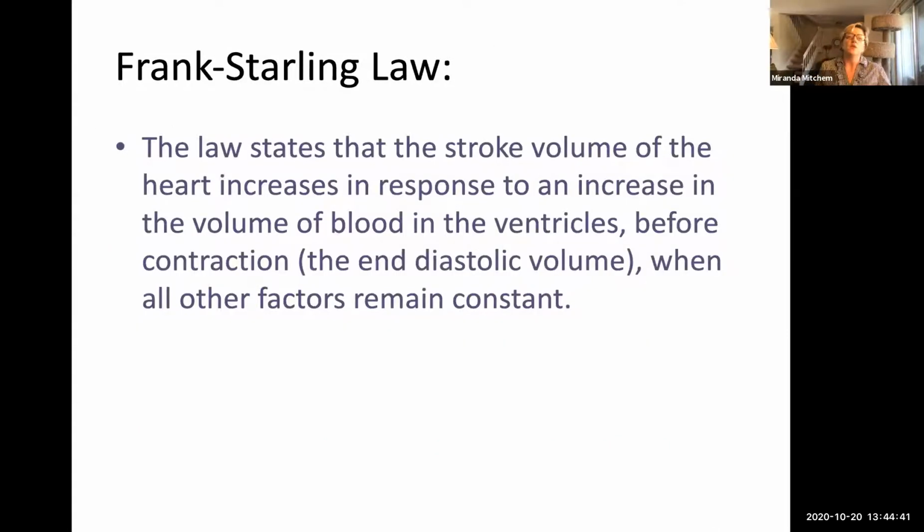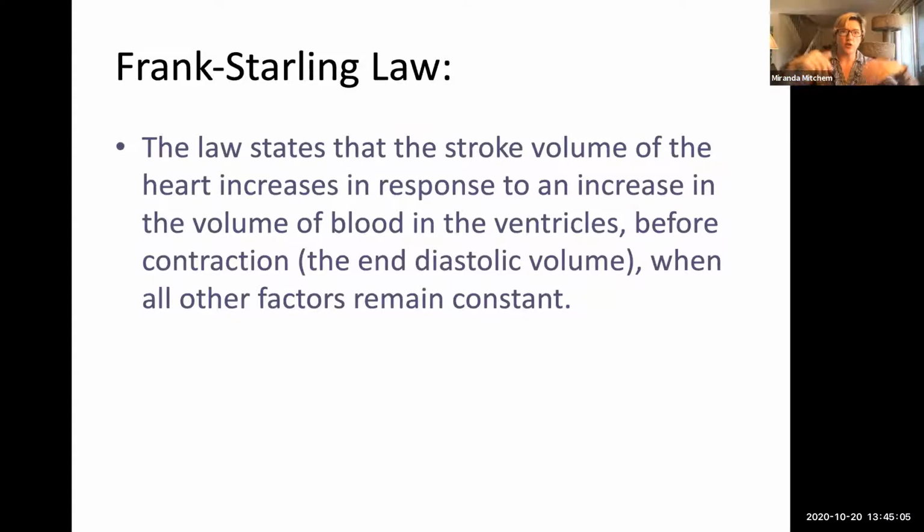All right, so the Frank-Starling law is about stroke volume. And what it states is that the stroke volume of the heart is going to increase in response to the volume of blood in the ventricles prior to contraction. That makes sense, right? The ventricles will fill up.